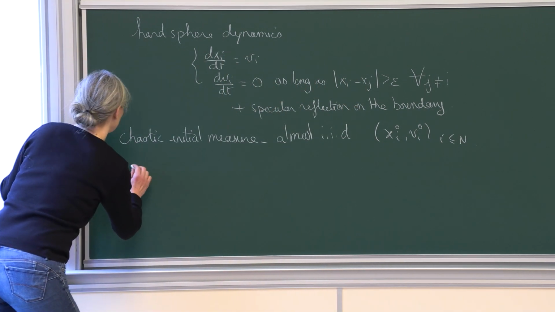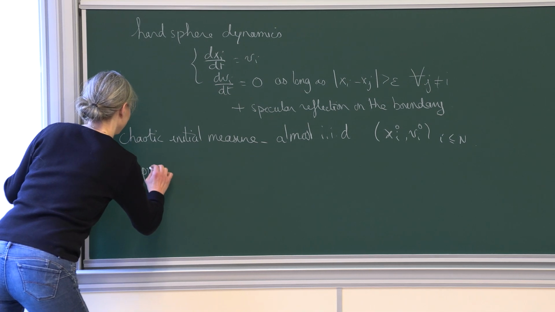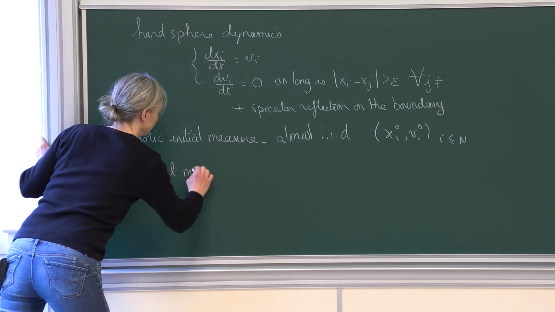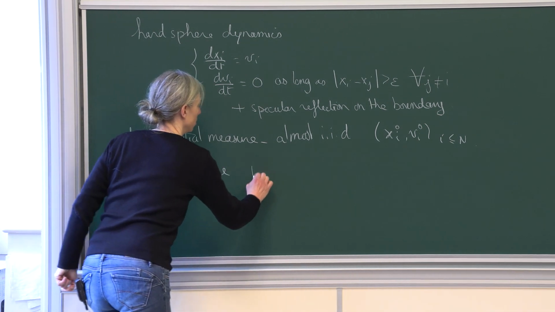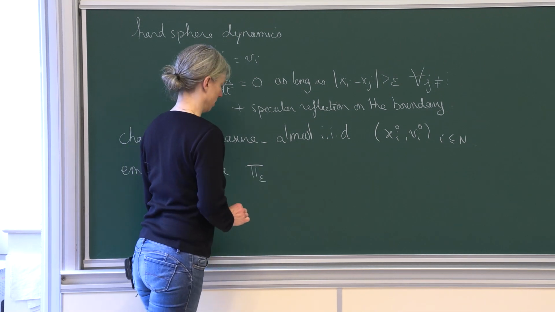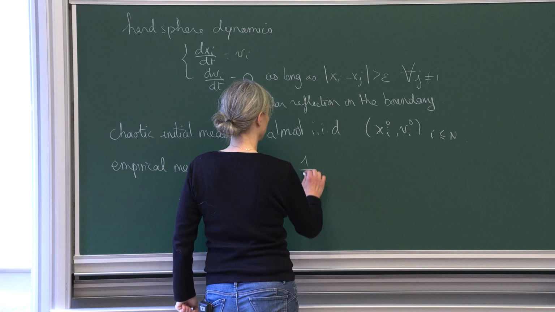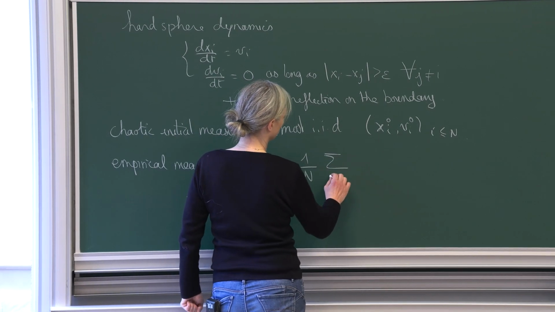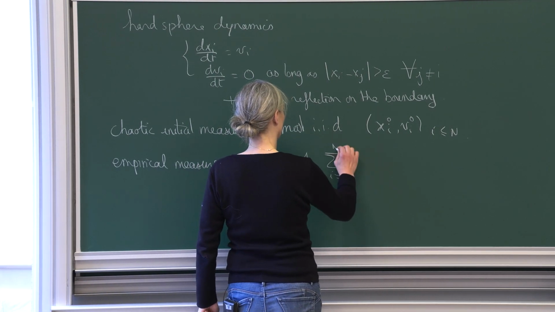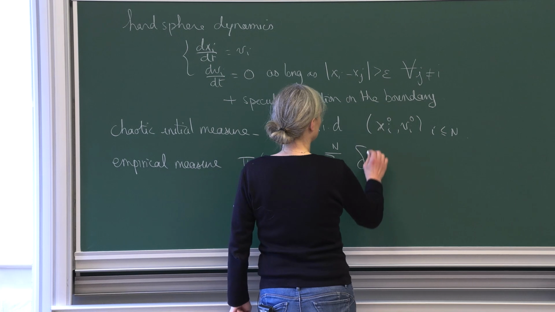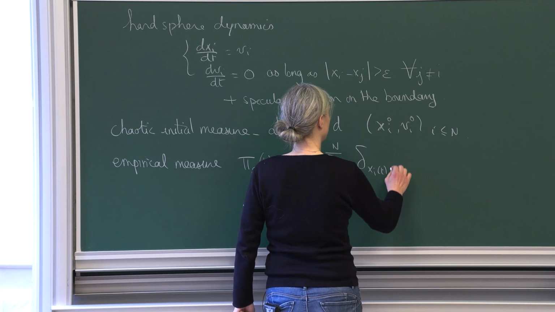And now you look at the empirical measure, and I call it pi_epsilon(t), which is just 1 over n times the sum from i equal 1 to n of the Dirac mass at (x_i(t), v_i(t)).